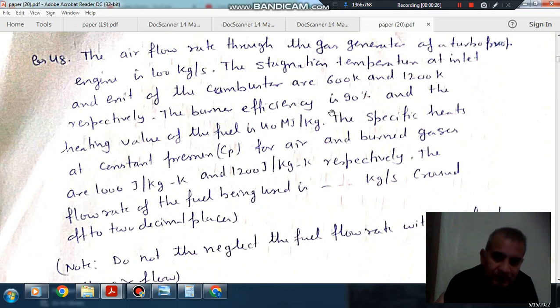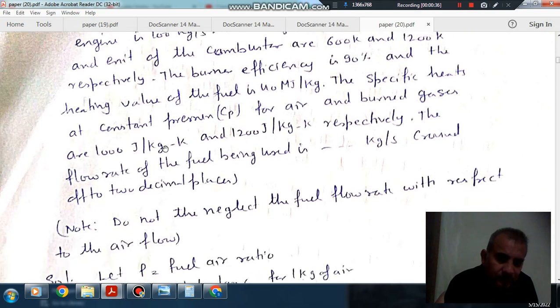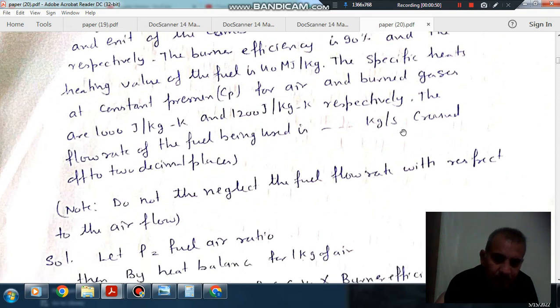The burner efficiency is 90% and the heating value of fuel is 40 megajoule per kilogram. The specific heat at constant pressure Cp of air and burned gases are 1000 joule per kilogram per degree Kelvin and 1200 joule per kilogram per degree Kelvin respectively. The flow rate of the fuel being used is dash kilogram per second.